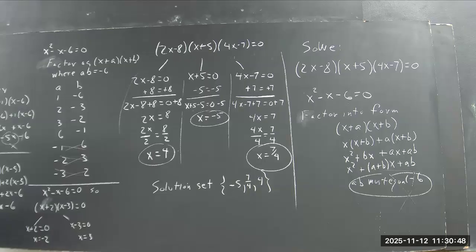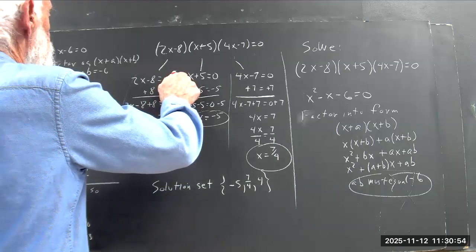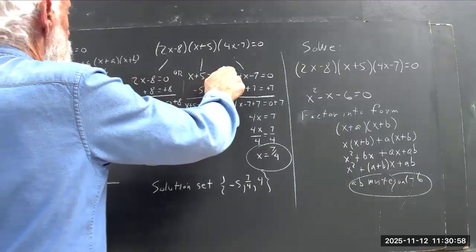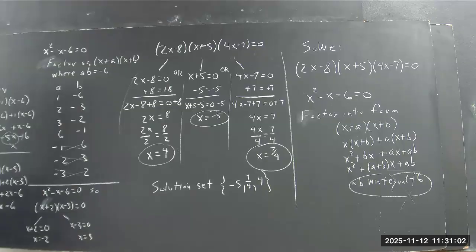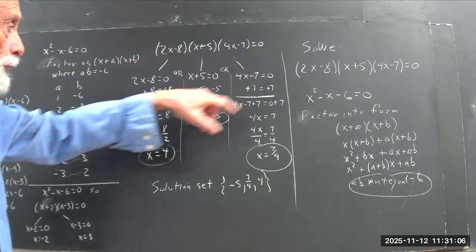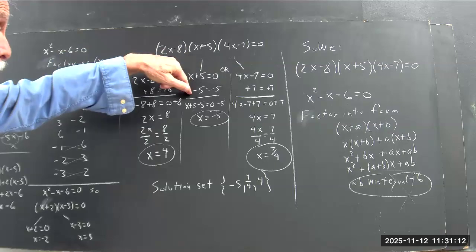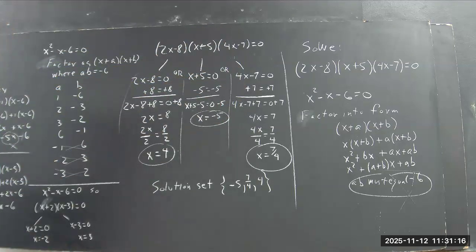Now, another thing that I'd like to see people do is write the word or. Okay. This is satisfied if 2x minus 8 equals 0, or if x plus 5 equals 0, or if 4x minus 7 equals 0.